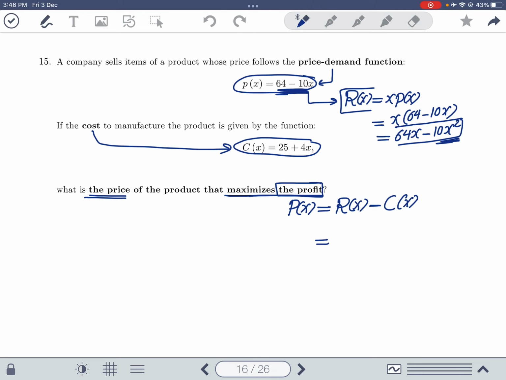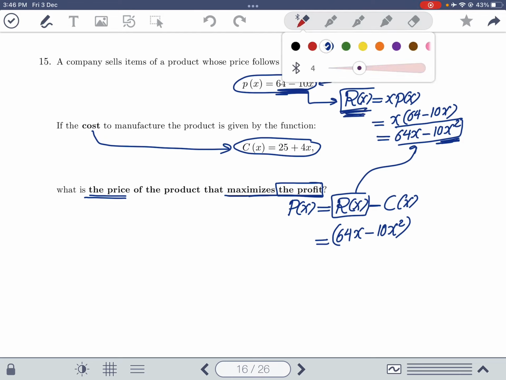So it's a parabola that opens down because the coefficient of X squared is negative. Okay, good to know that this is the case. So you have 64x minus 10x squared. That's just, I copied the revenue function from here. It was the revenue minus the cost.